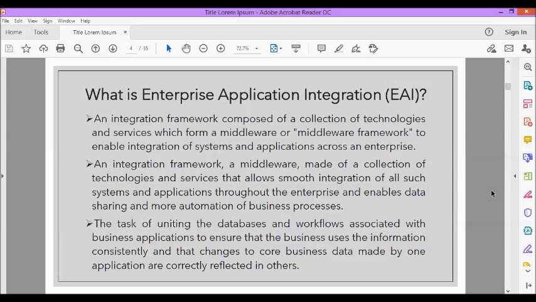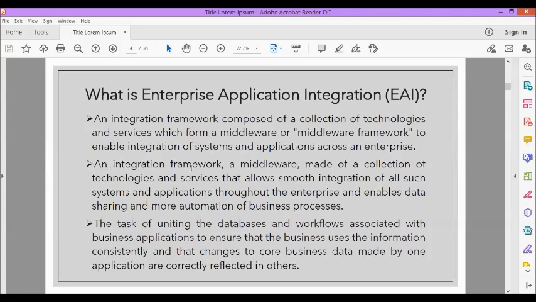So let us first define what is enterprise application integration or EAI. It is an integration framework composed of a collection of technologies and services which form a middleware framework to enable integration of systems and applications across an enterprise.